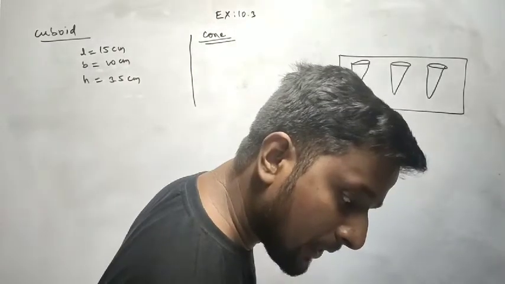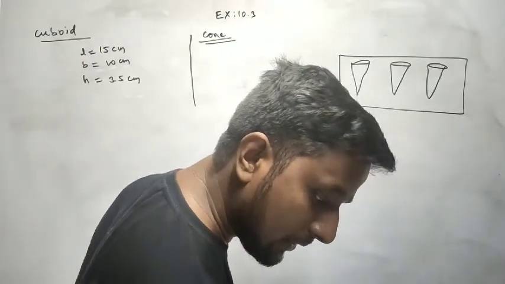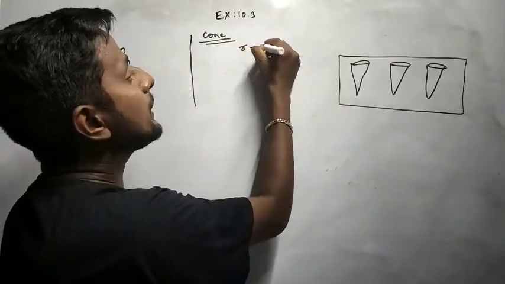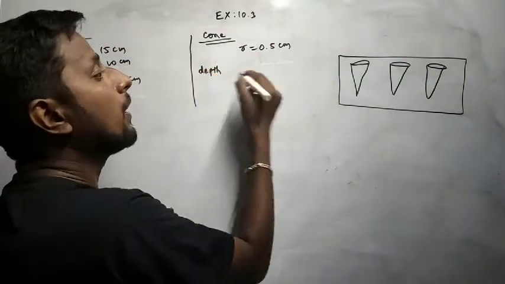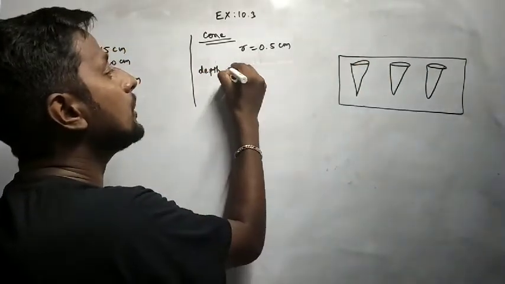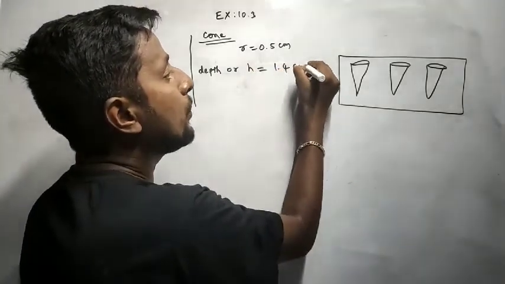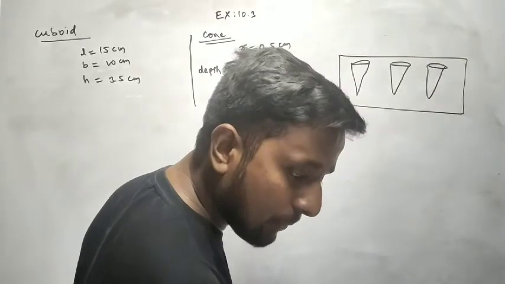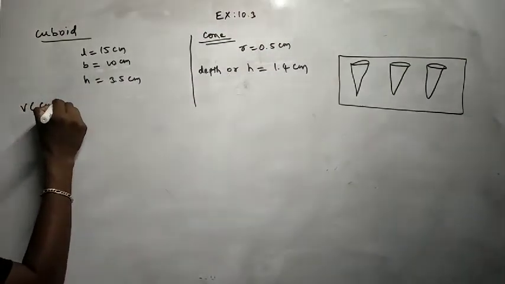The radius of each of the depressions is 0.5 centimeters. The depth we can treat as the height, that is 1.4 centimeters. The depth of the conical shape is 1.4. So now we'll find the volume of the cuboid.